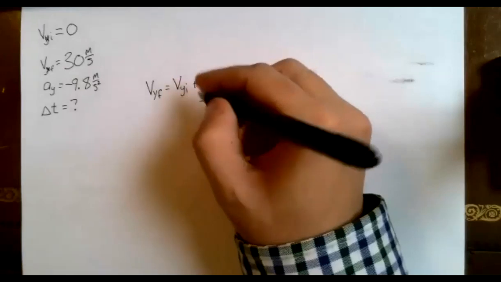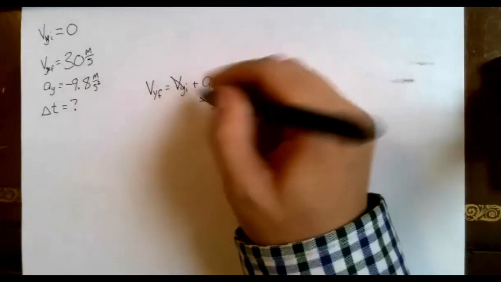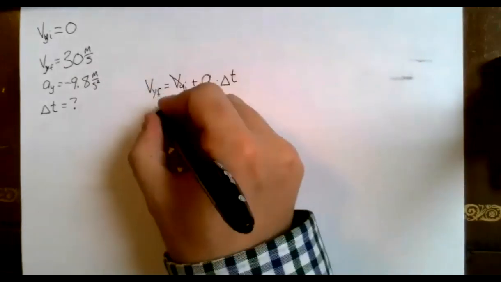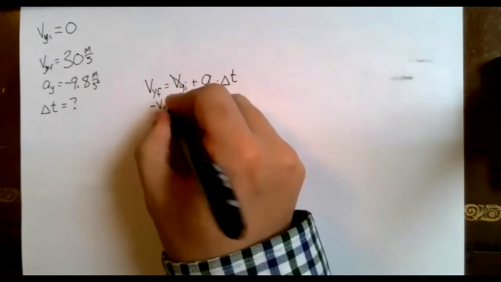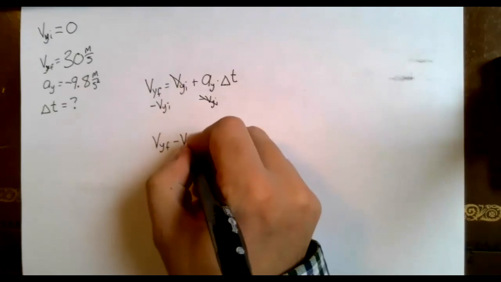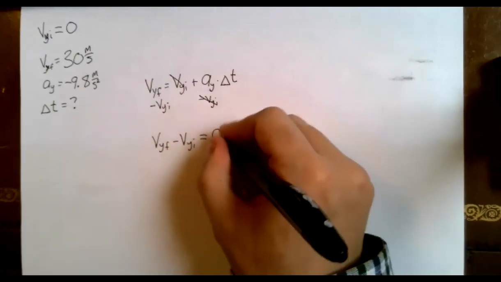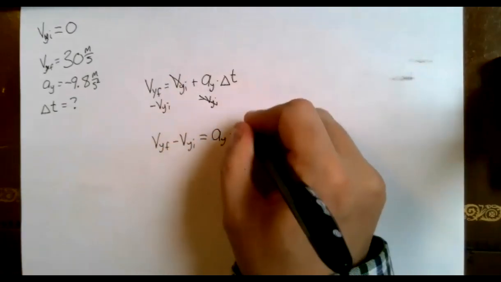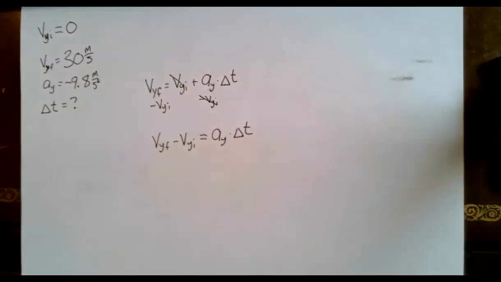We have to subtract the initial velocity on both sides. Exactly, good. If we subtract initial velocity from this side, it cancels out, right? Because it's being added on to the term we're looking for. And we also have to do it to this side. So we have final velocity minus initial velocity equals acceleration times time.